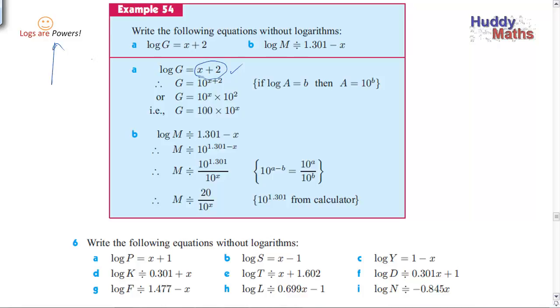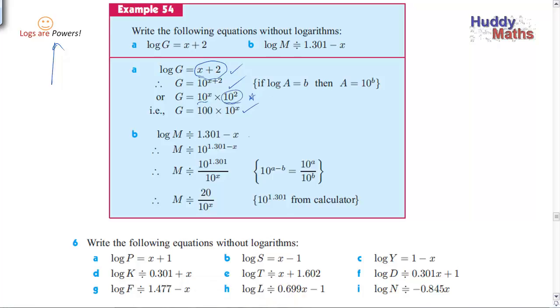Remember, logs are powers. We're saying the log of g is x plus 2. Therefore, g is 10 to the x plus 2. Or we can break that down, 10 to the x times 10 to the 2. If you add your powers, you're multiplying numbers together. So it's 100 by 10 to the x, because 10 squared is 100.